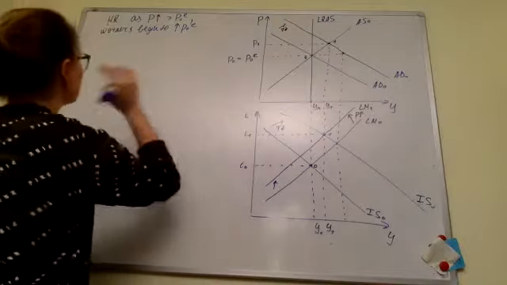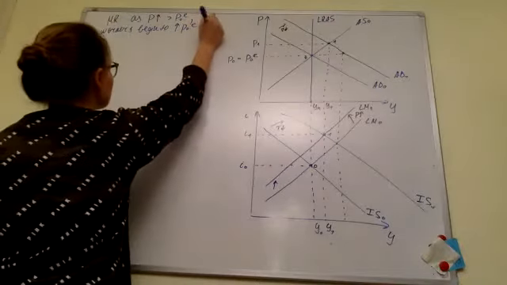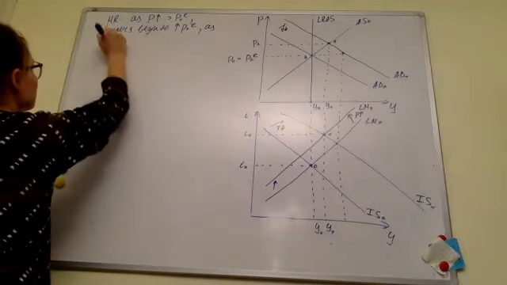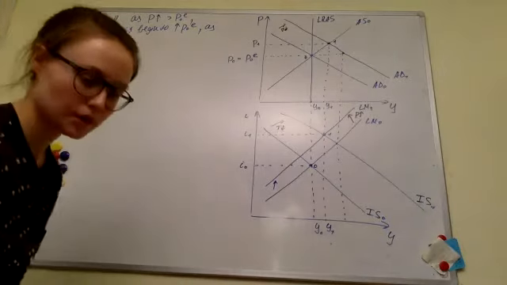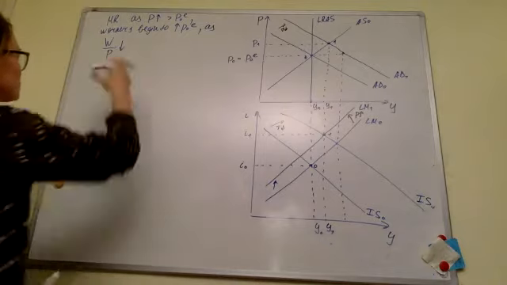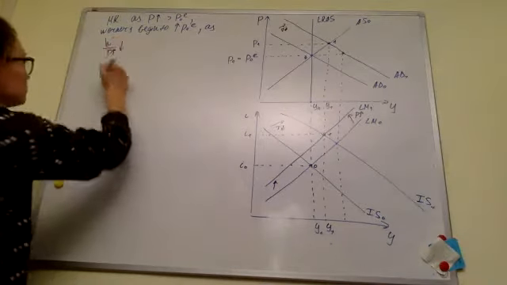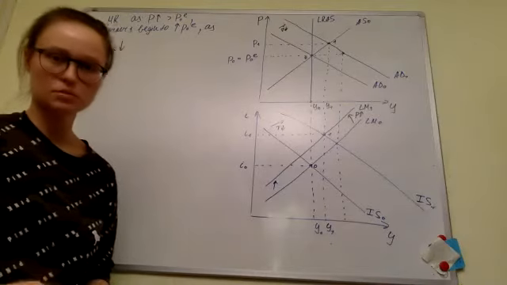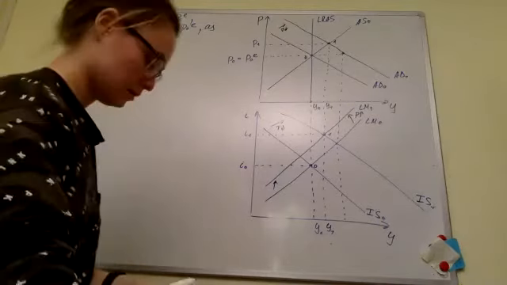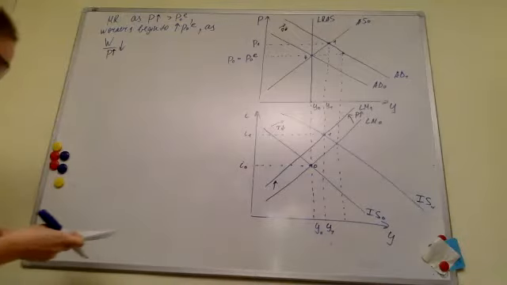Why? As real wage is now lower. You see, prices are higher. That means that we can buy a lower amount of products in the shop, in the supermarket. Real wages are lower.